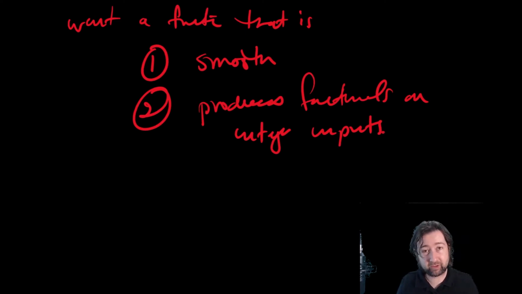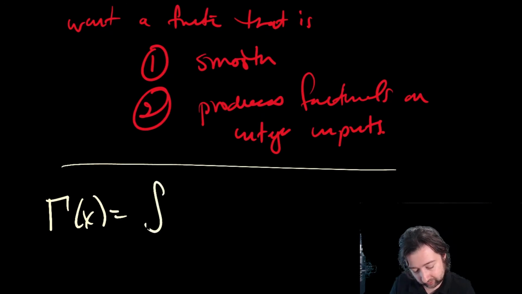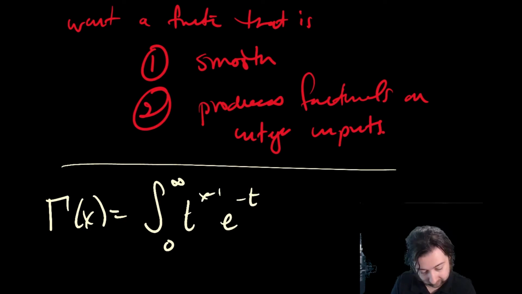It turns out the way we do this is with a function defined as an integral. So we're going to define the gamma function in this way. Gamma of x is equal to the integral from 0 to infinity of t to the x minus 1 e to the minus t dt.